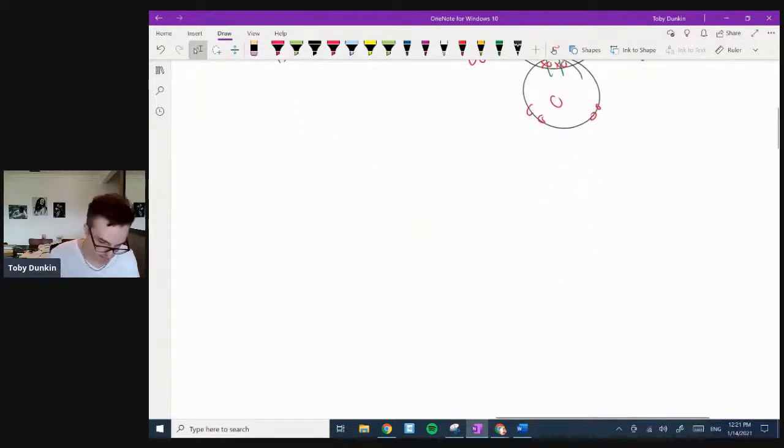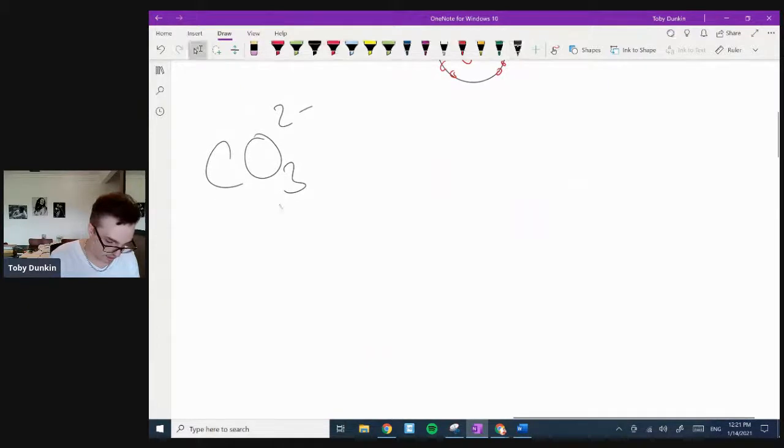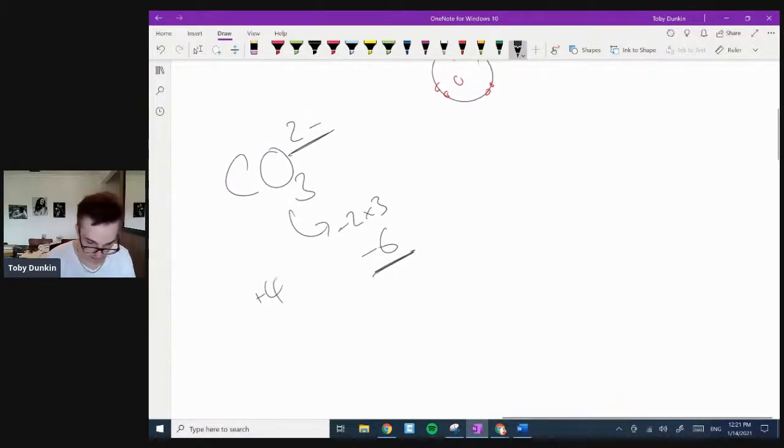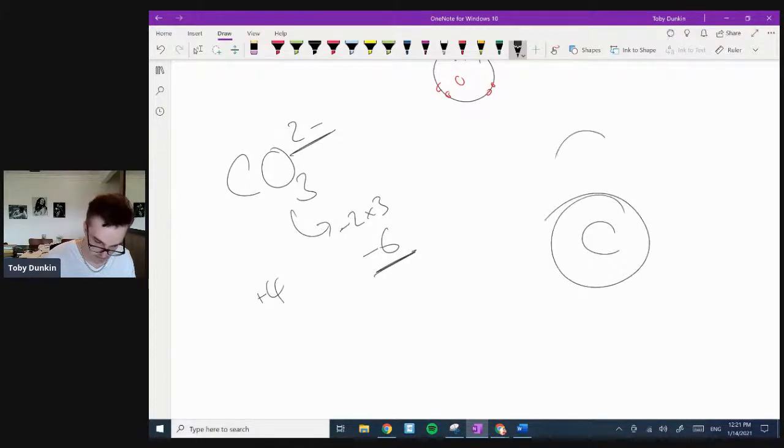Let's do a carbonate. Why not? CO3 2-. Oxidation state of carbon: -2 times 3 is -6, plus 2 gives +4. It's making 4 bonds. Four bonds. 1, 2, 3, 4.